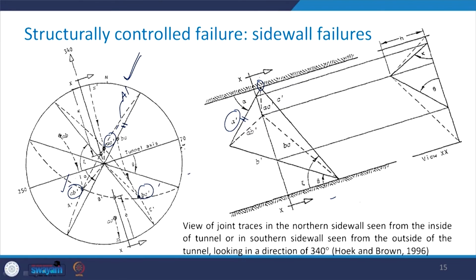Then from the same point I draw a line parallel to this C prime, because this is your great circle C prime and this is the strike line, and this is going to give me the trace of this great circle. So, I draw the line parallel to this line here.